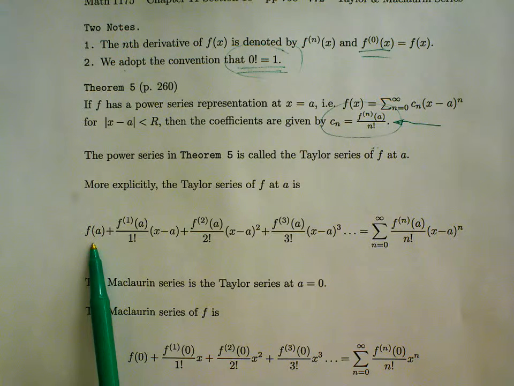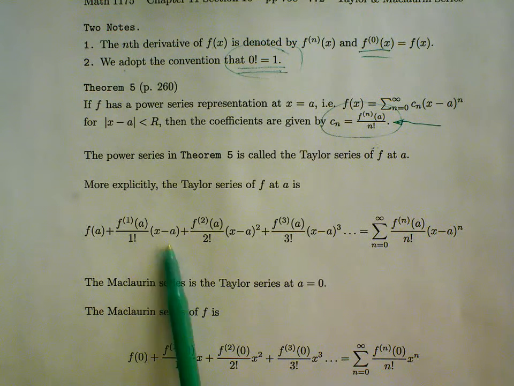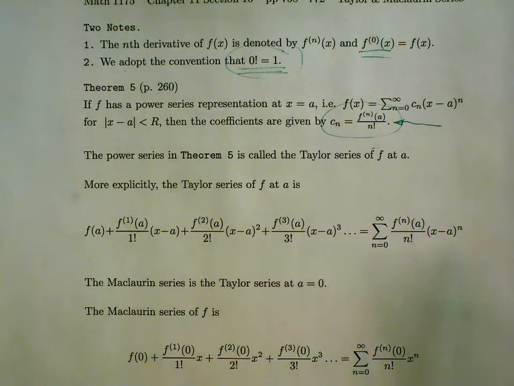Since 0 factorial equals 1, f of a plus the first derivative of f evaluated at a divided by 1 factorial times x minus a to the first, and so on.